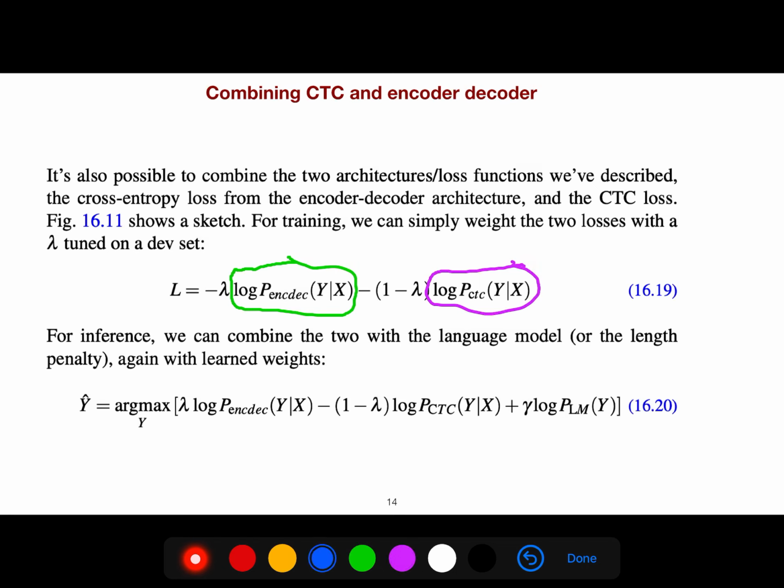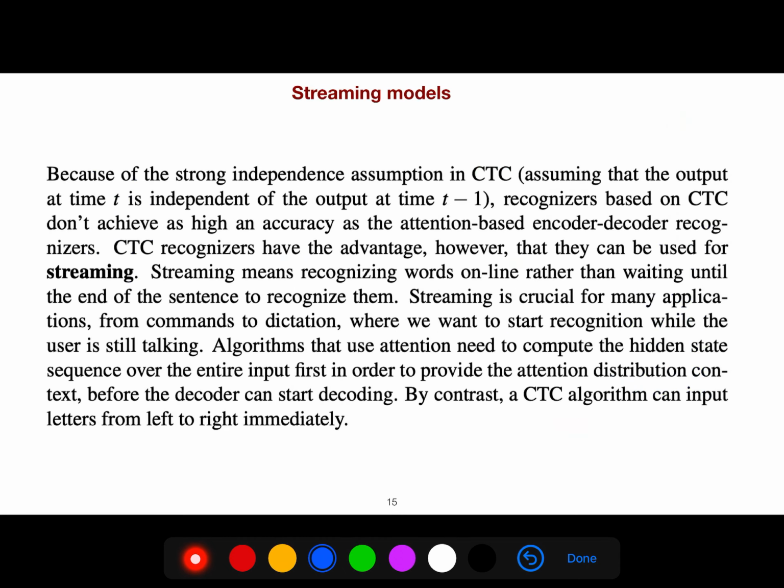But for inference, we also add the language model, and we look for which Y is maximizing this. So we will see, for example, the word dinner maximizes that, for each pair X and Y in data set D.